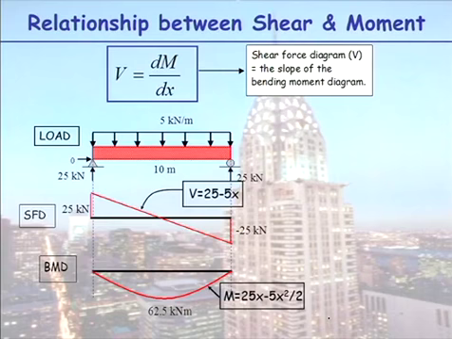Okay, let's look at our uniformly distributed load case. Shear force diagram, are you all happy with that? So, this is my shear force diagram, V, we call it SHF, but it's also equal to the slope of my bending moment. My bending moment we know is 0 at the support ends.